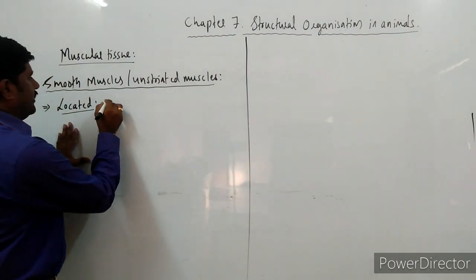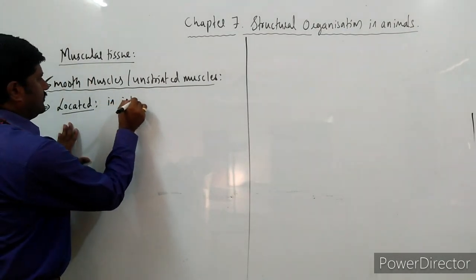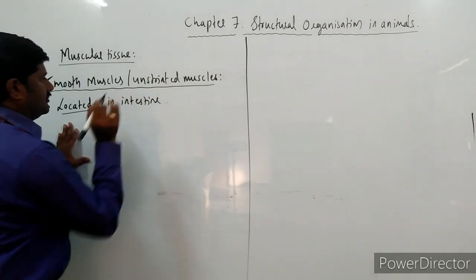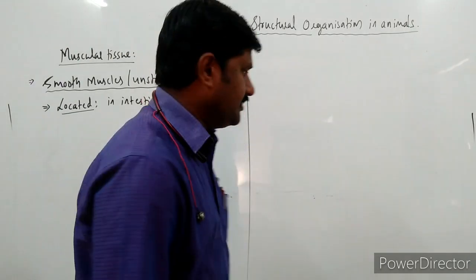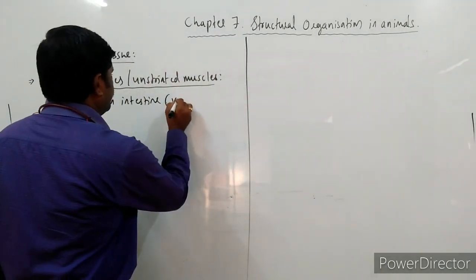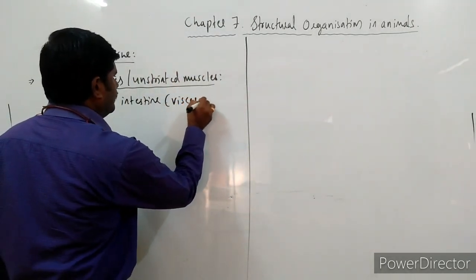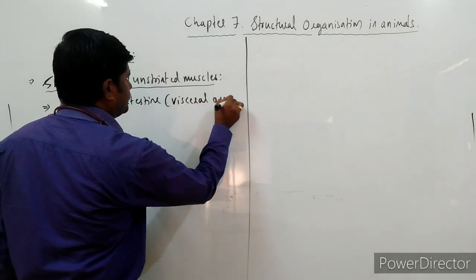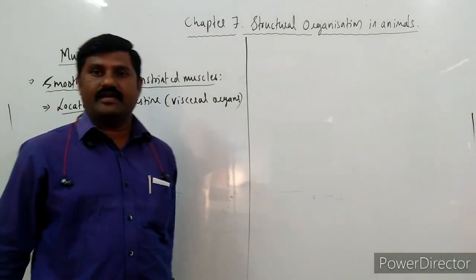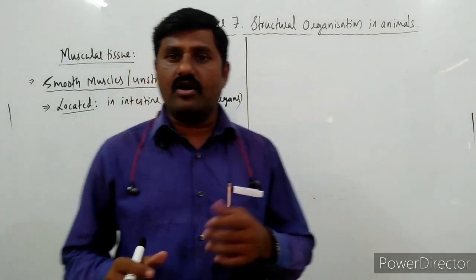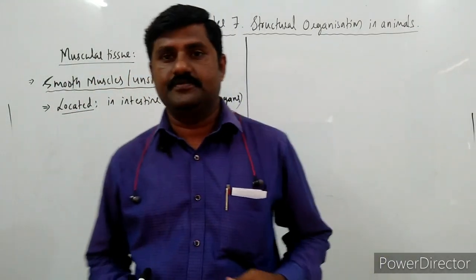So these are located in the intestine. Especially they are located in the intestine, and all other visceral organs. They are located mainly in visceral organs. Visceral organs are the organs which are filled with fluid.